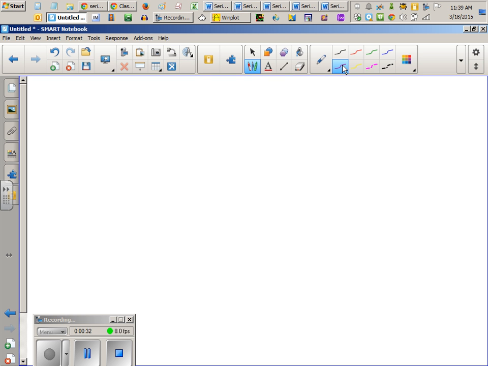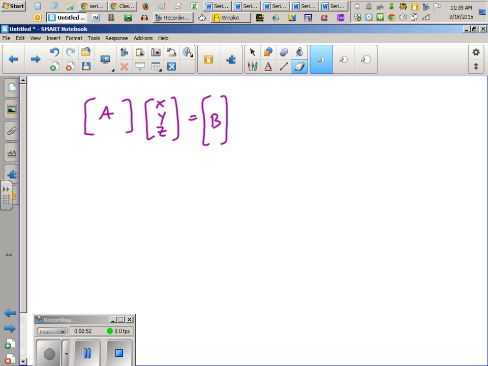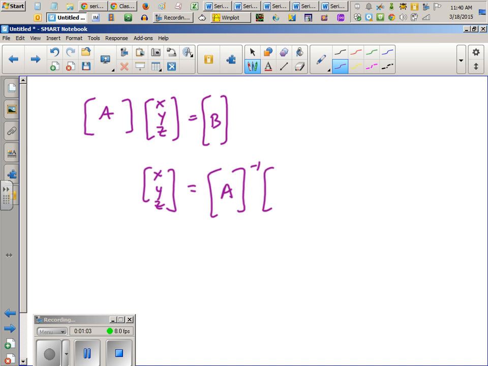So remember the theory. The theory was that a system can be written as a matrix times xyz equals a matrix like that. And then if you wanted to get x, y, and z by itself, you would need to invert matrix A while bringing it over to the other side, like this.